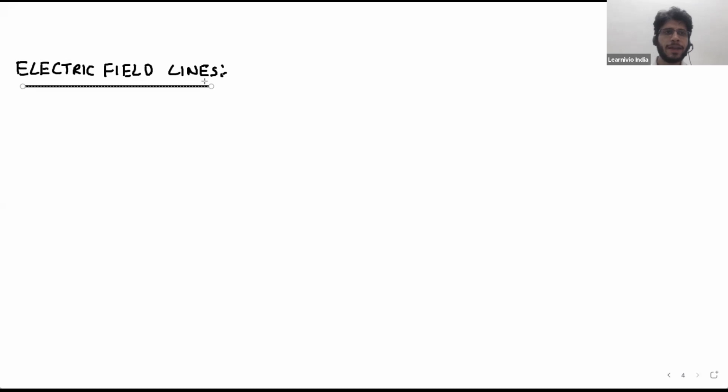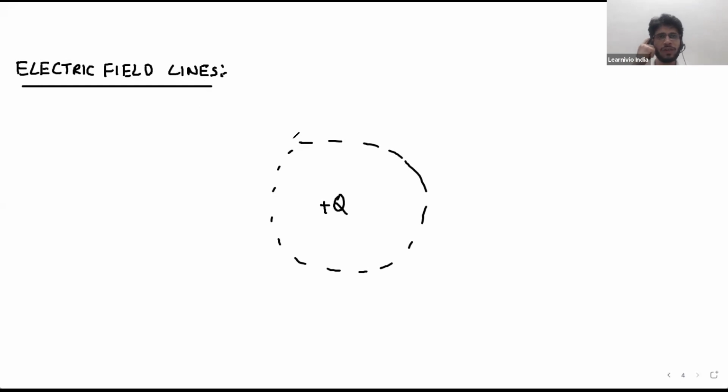If I take a positive charge, then around this charge its electric field will exist. But is that field visible? Can you see that field? No, sir. The field is not visible.